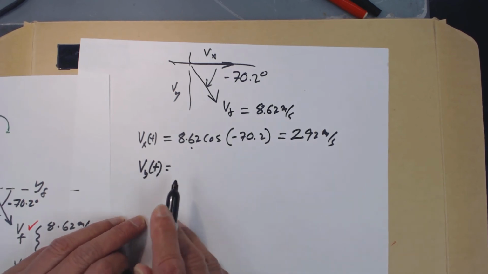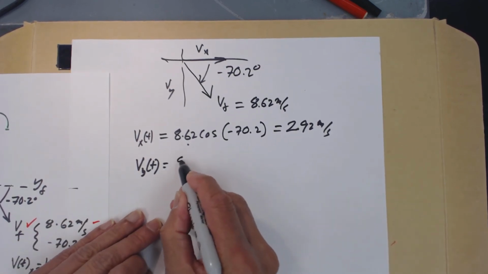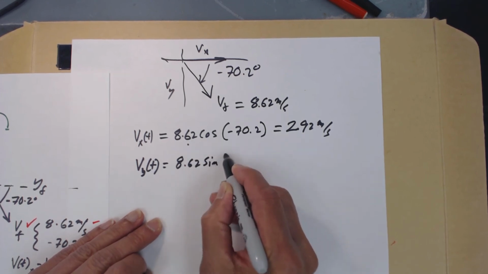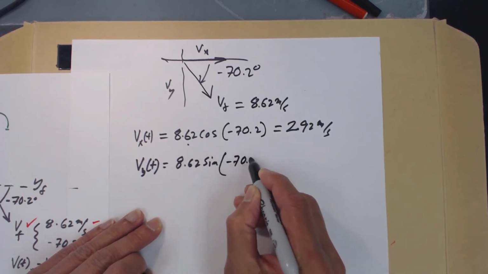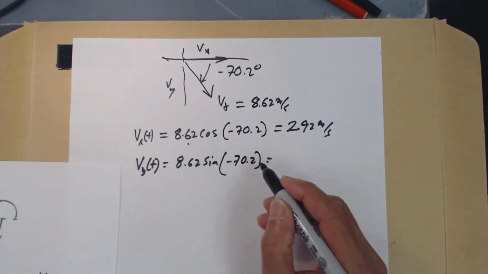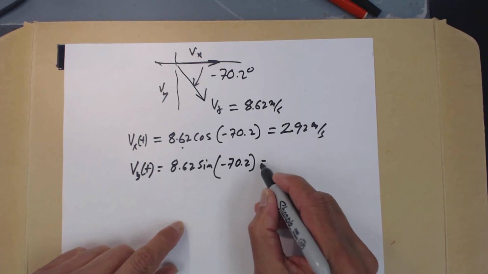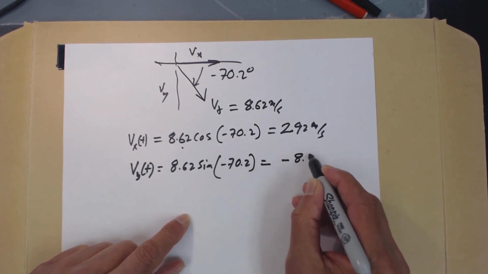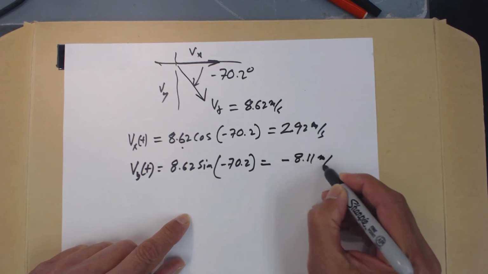Vy at t, my final instant, is equal to, once again, 8.62, same formula, except this time it is sine of minus 70.2, and this number comes out to be minus 8.11 meters per second.